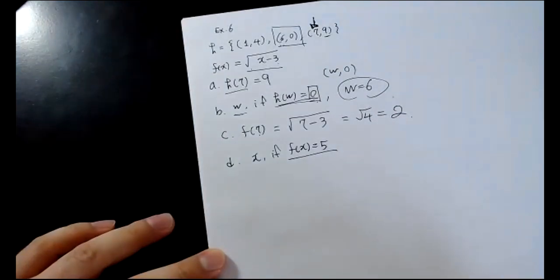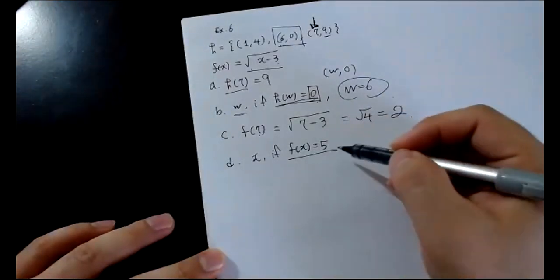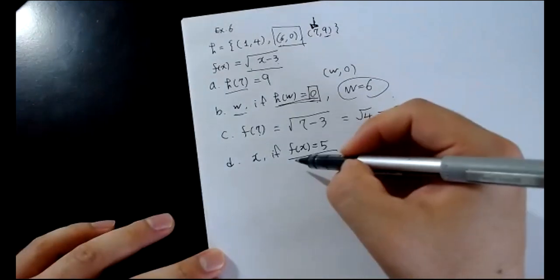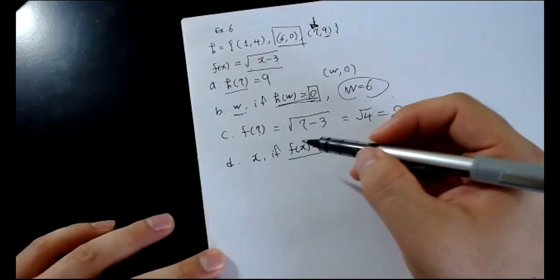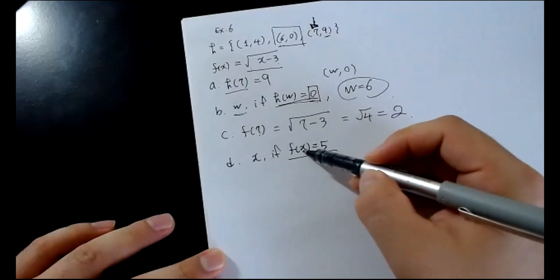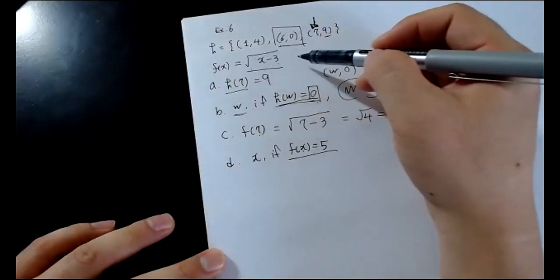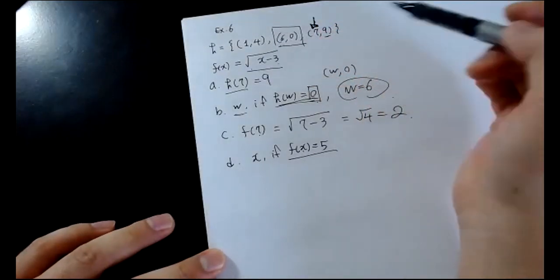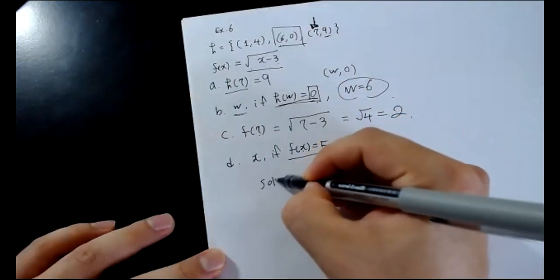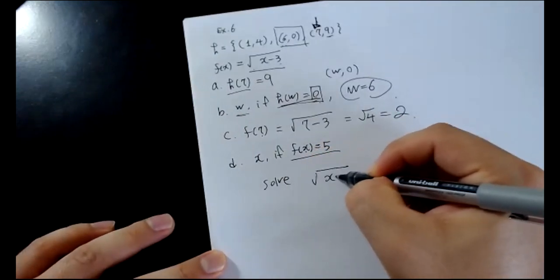We need to find the x where the square root of x minus 3 returns 5, so we solve the square root of x minus 3 equals 5.